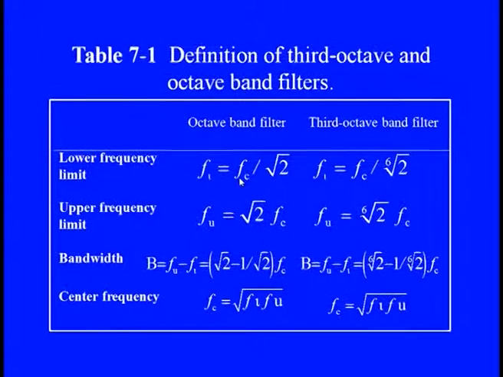We can also calculate the central frequency in both cases. The central frequency Fc is equal to the square root of FL times FU, the lower and upper frequencies, and even for the third octave band it is the square root of FL and FU.